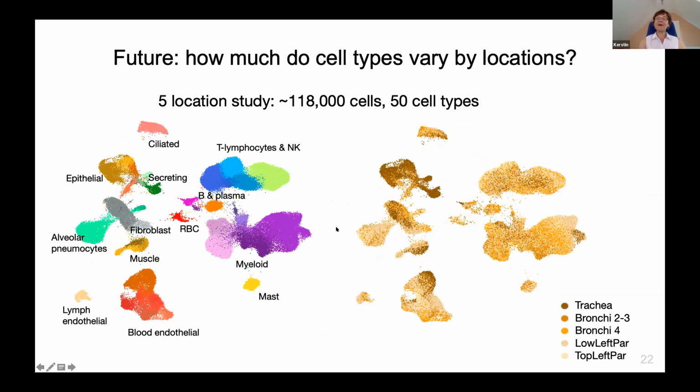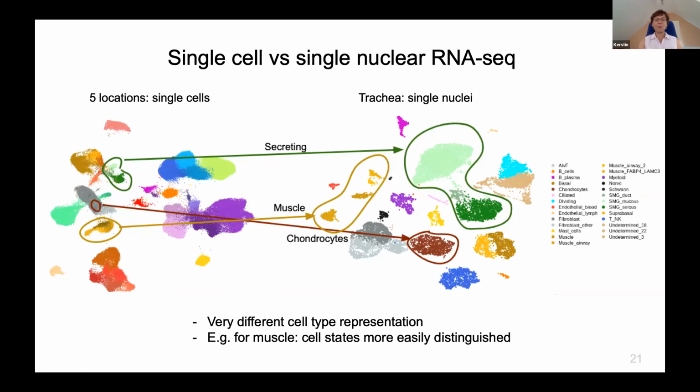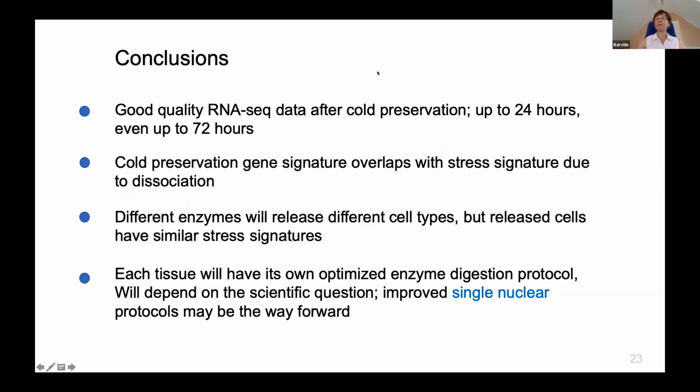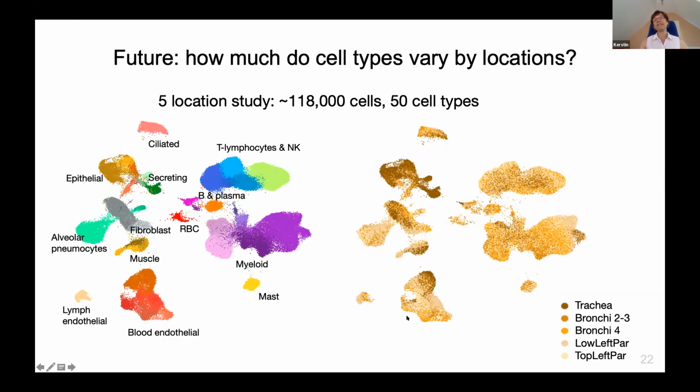But so that's really as far as I want to take you with the technical study, just a brief look to the future. Of course, we generated this data set to look at the different locations and understand how cell type transcriptomes vary with location. And here I've indicated the same UMAP with the cell types with different locations.